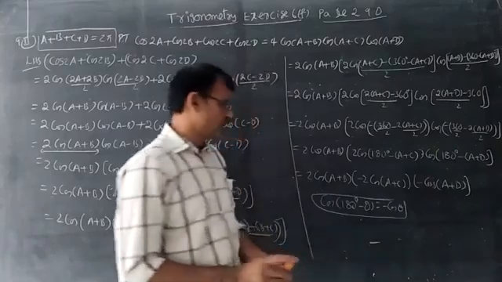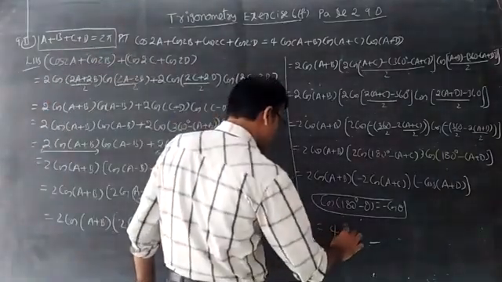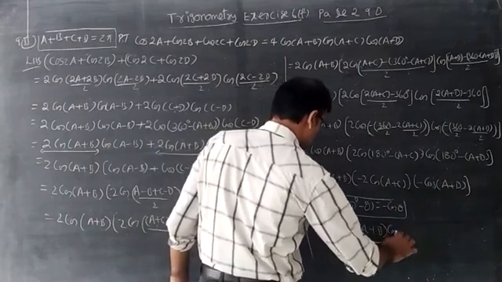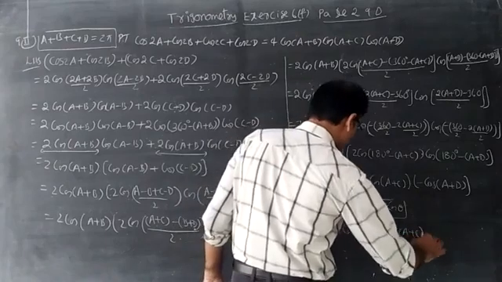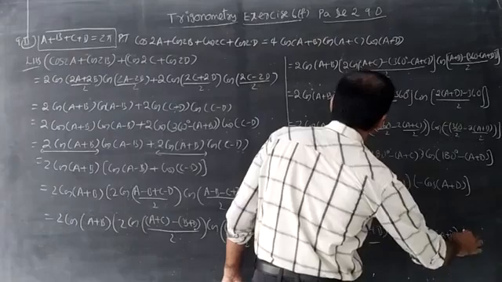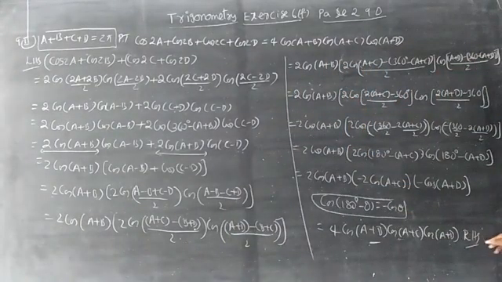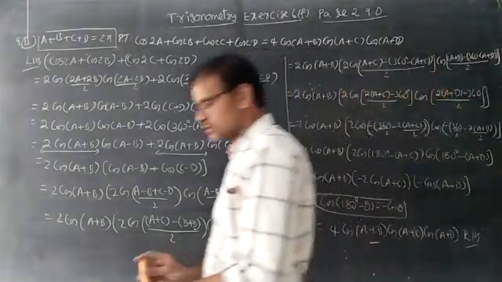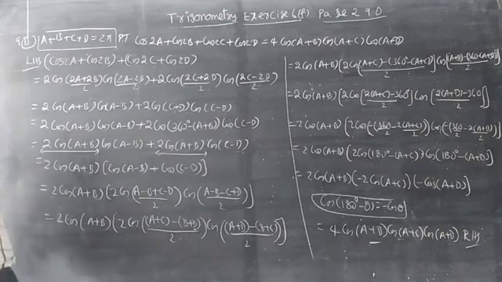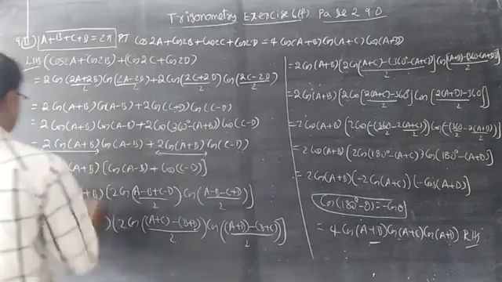So that is equal to, now minus of minus is plus, 2 to the 4 into cos of a plus b into cos of a plus c into cos of a plus d. This is RHS. The sum is there.